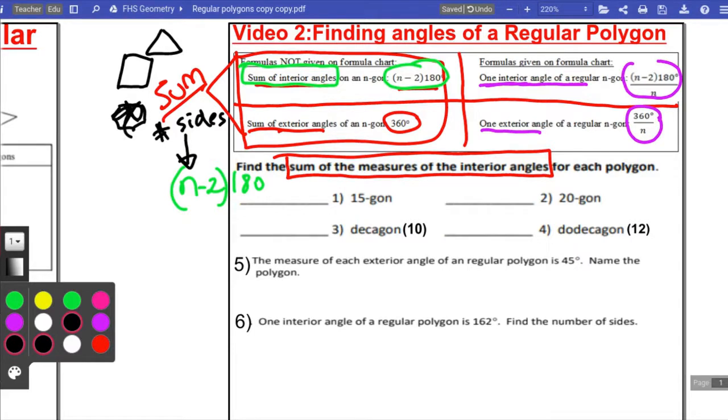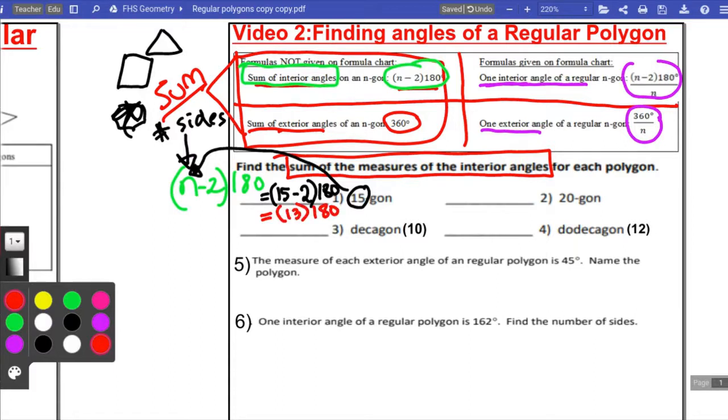So let's go ahead and take number 1, which says 15-gon. 15 is the number of sides, so you're going to take the 15 and plug it in right here for n. To get the answer, we will do 15 minus 2 times 180. I'm running out of space, so let me continue here. You have 13 times 180.